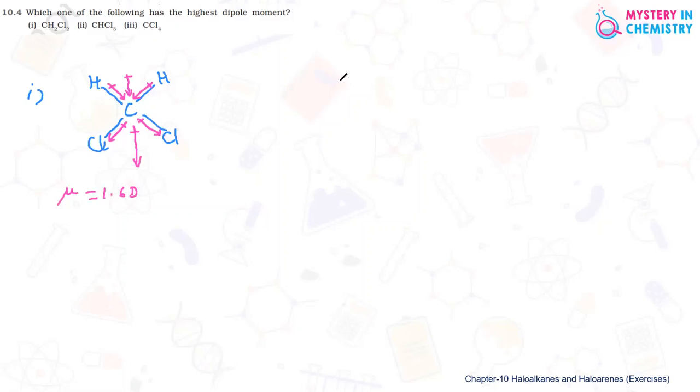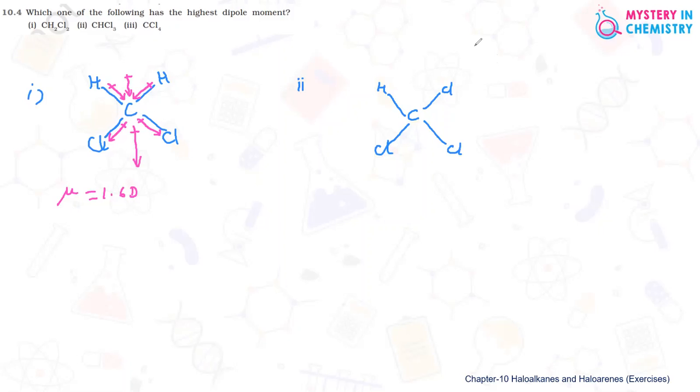Whereas what happens in the second case? In the second case, the compound given is CHCl3, that is chloroform. So here also we can assume that carbon is at the center and one hydrogen is here, and the second one, this should be chlorine, and here also one chlorine, and here also one chlorine.